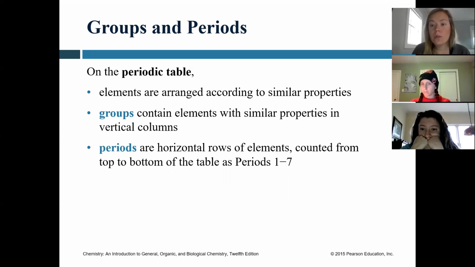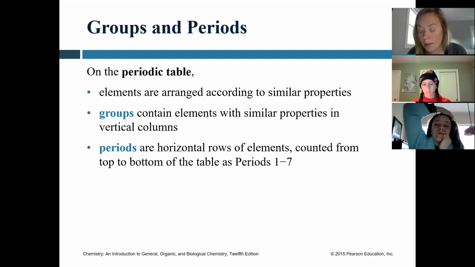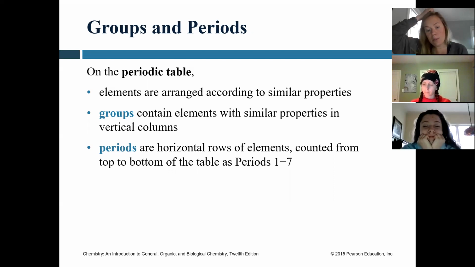Periods are the rows that go across, and there are 7 periods. The first period is very small, it's just hydrogen and helium. 6 and 7 do include the lanthanides, so you will want to insert those in there. There's no property consistency within a period, okay?